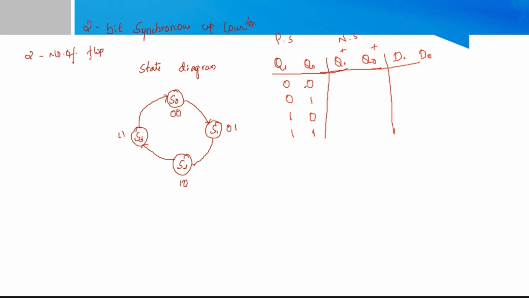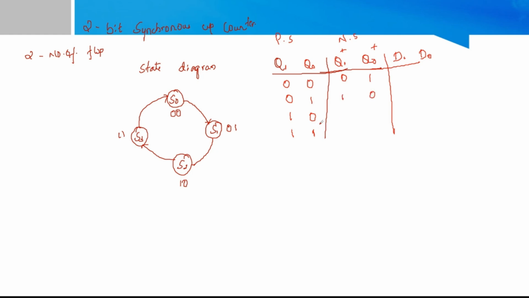If present state is 0 0, what will be the next state? 0 1. If present state is 0 1, what will be the next state? 1 0.